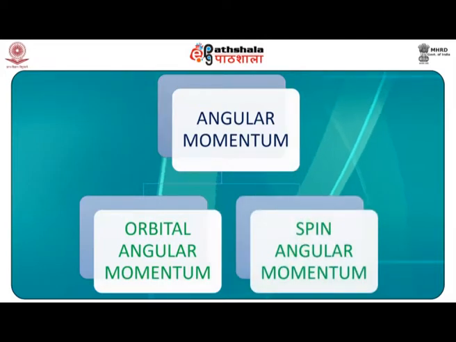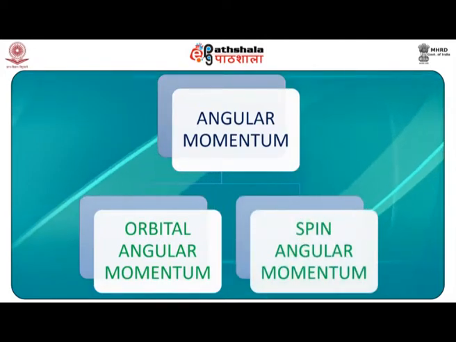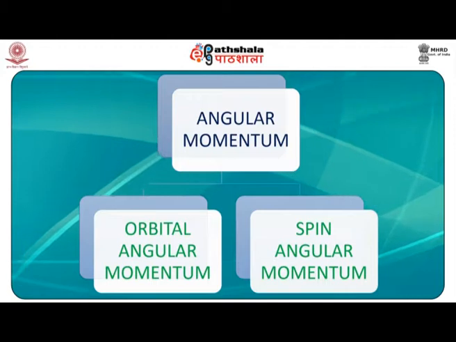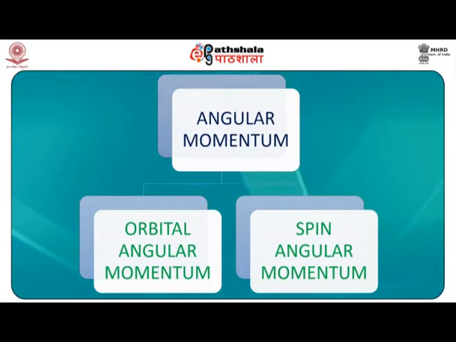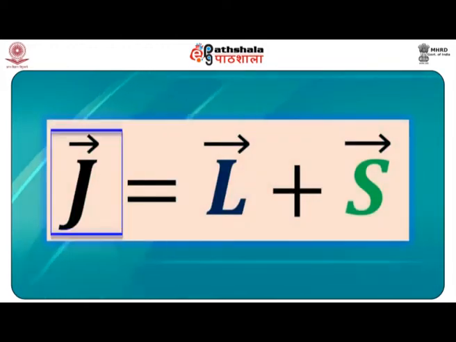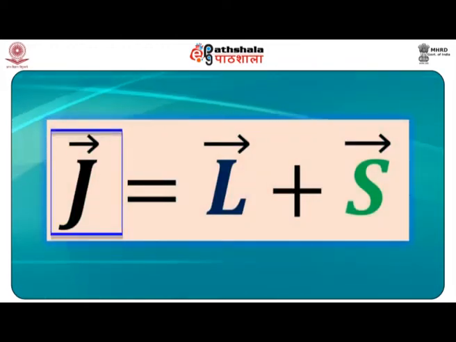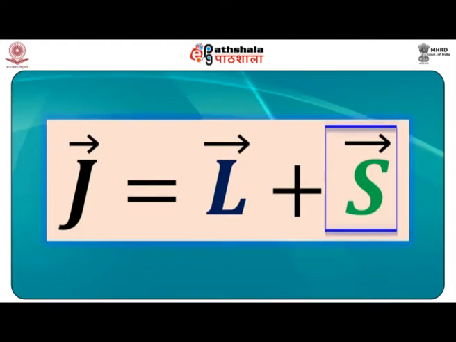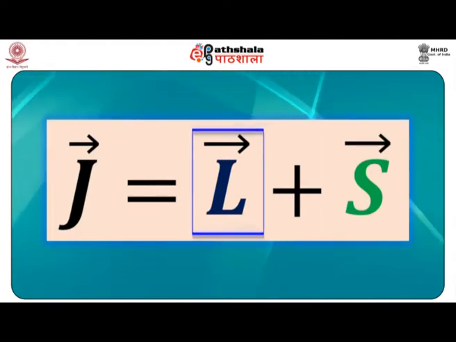And the second is spin angular momentum denoted by capital S, which is an intrinsic property of the system under consideration and is unrelated to any sort of motion or any classical significance. The total angular momentum denoted by capital J is taken as sum of spin angular momentum and orbital angular momentum.